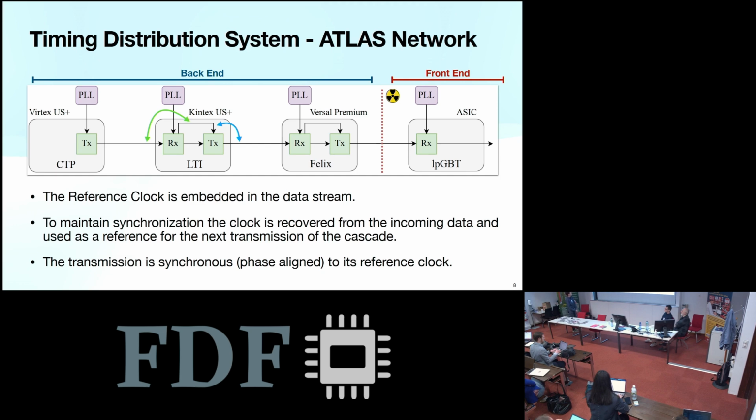The goal here is to have a fixed phase relation between the data entering in the front end and the bunch clock entering in the back end. To do so, each FPGA performs a clock recovery on the data stream, and the recovered clock is used as a reference for the next transmission. In this way, the transmitted data is always in a fixed phase relation to the incoming data stream.